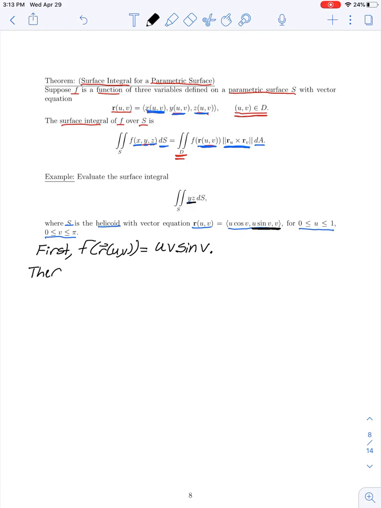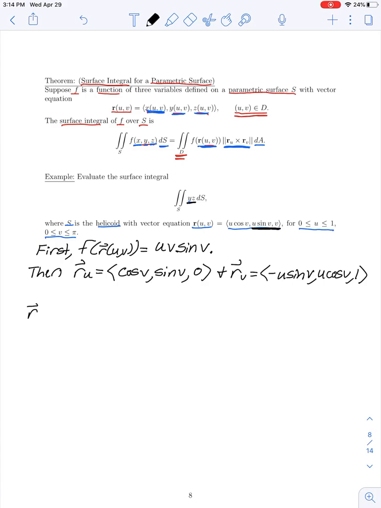So our next step is to find these partial derivatives. The partial of r with respect to u would be cosine v, sine v, and 0. And the partial of r with respect to v would be negative u sine v, u cosine v, and 1.